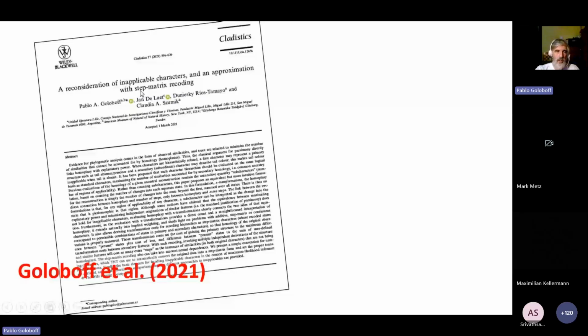When I was trying to implement some methods for inapplicables in TNT, I exchanged a fair number of emails with Delet, and it's only then, in 2020, that I could really understand the point he was making, okay? It took me many, many years to understand his paper. We try to explain that more clearly in this paper that reconsiders the problem. Hopefully it is more clear.